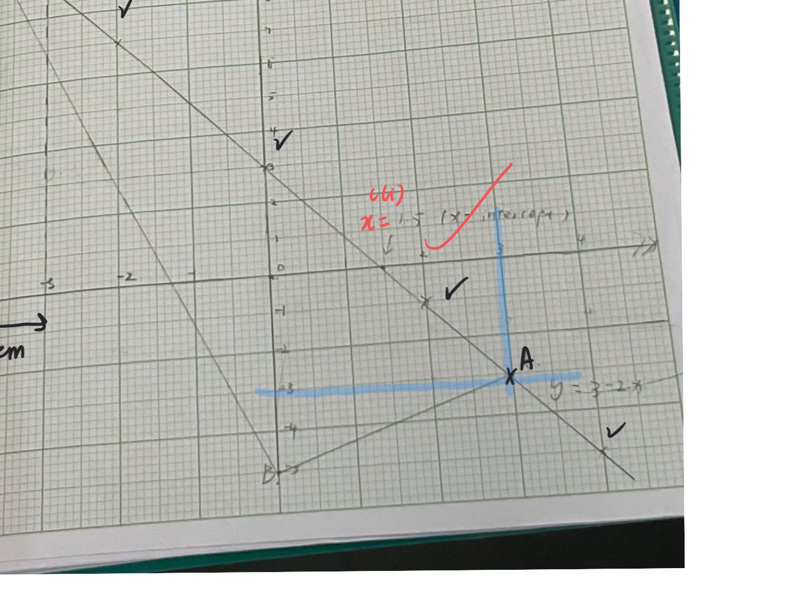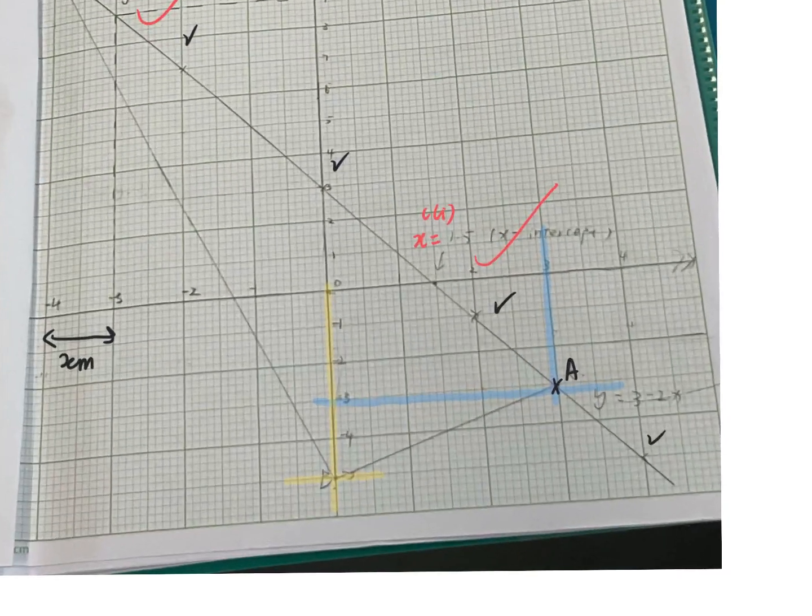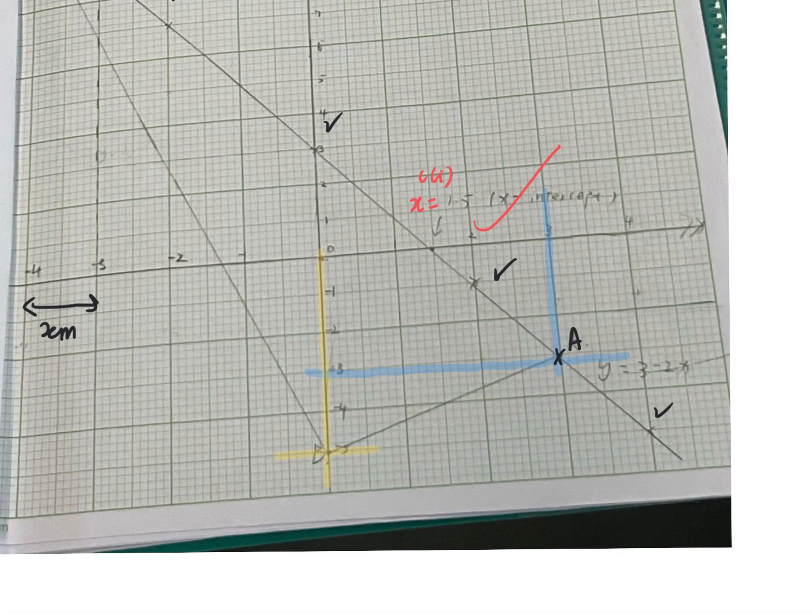Oh, wrong, sorry. 0, minus 5. Yeah, minus 5. So this is your B value. Mark it out. So this is part D. Always label out your parts.